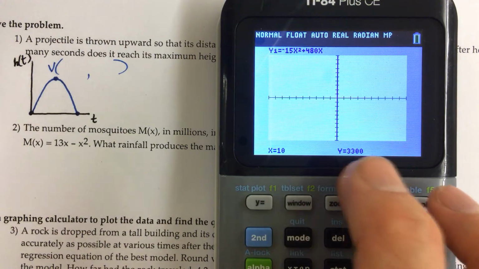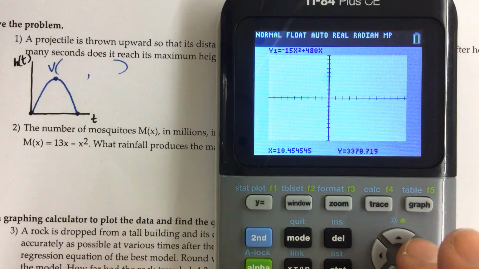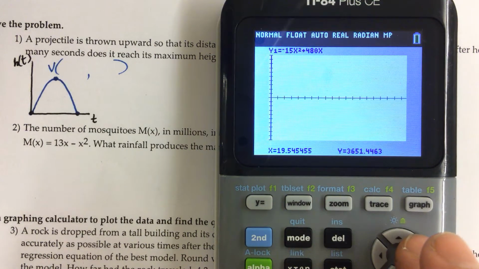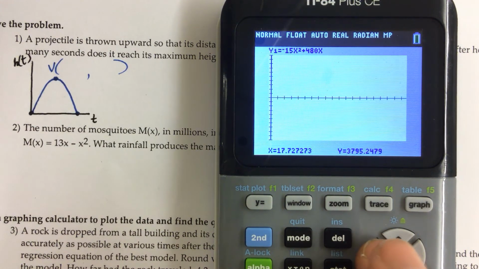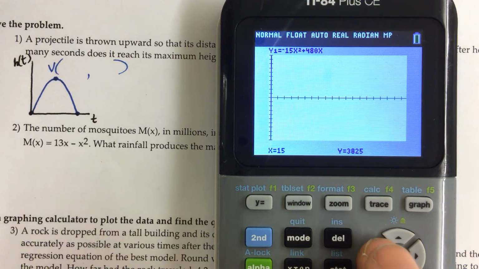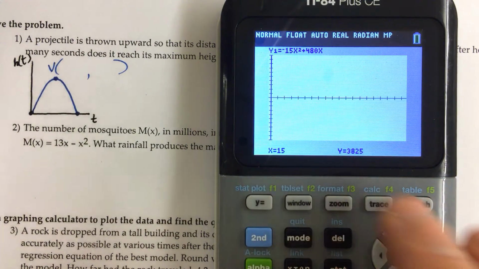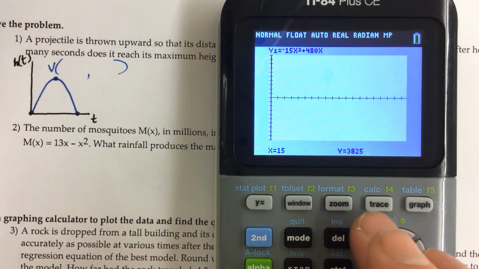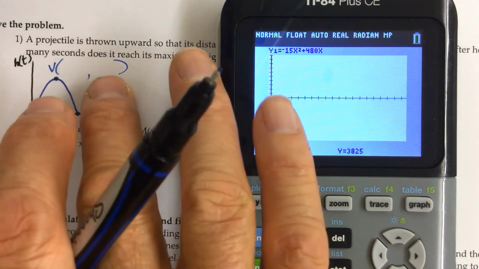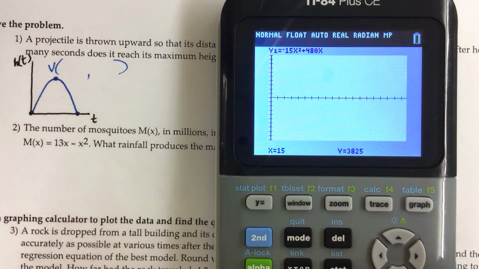At the 10-second mark, the y value is 3,300. I'm going to keep going until I can see them coming back down. Now they're starting to come back down. It looks like a maximum y value of around 3,800 or 3,900, and that's what happens when x is about 15. If it takes about 15 seconds to get to the max height, then it's going to take about 15 seconds to get back down.